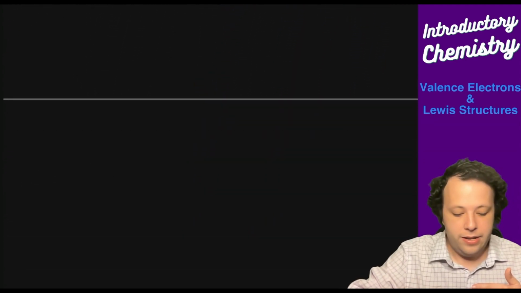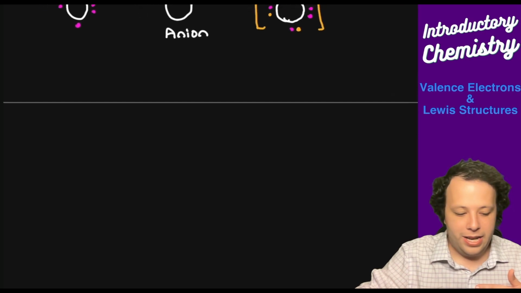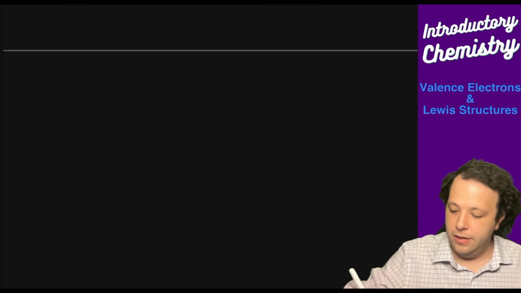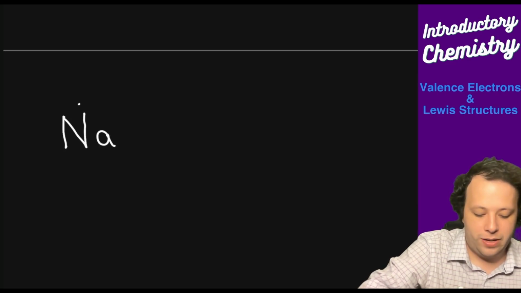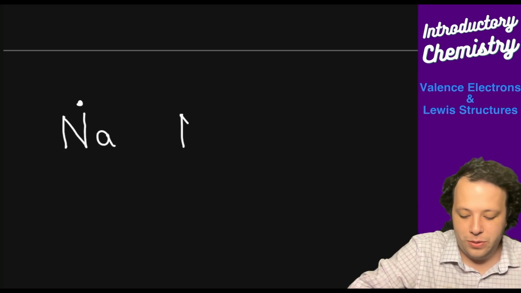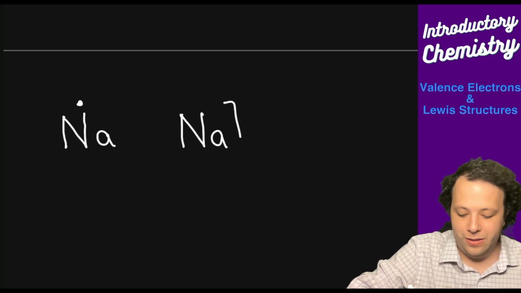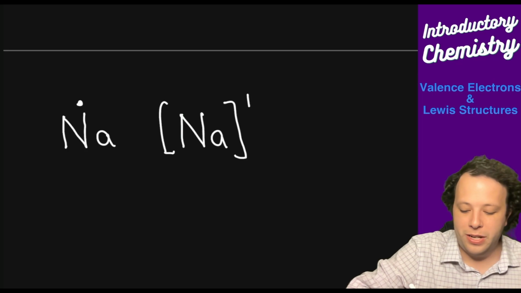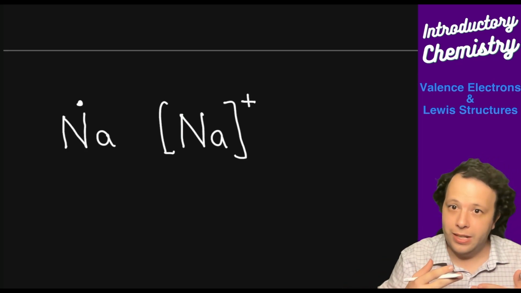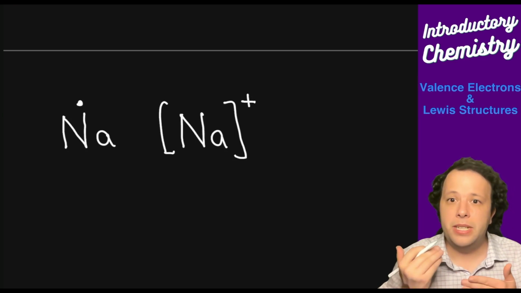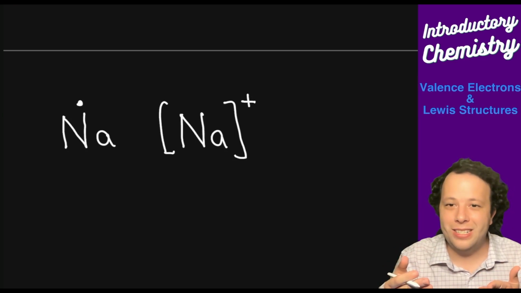Let's try another. So let's say if I had sodium. Sodium has 1 valence electron. Now, if I want to do sodium plus, well, how would I do that? It would be just like so. You'd put it in brackets and put a plus sign. Now, depending on where you are learning chemistry, you can potentially show its new valence level.